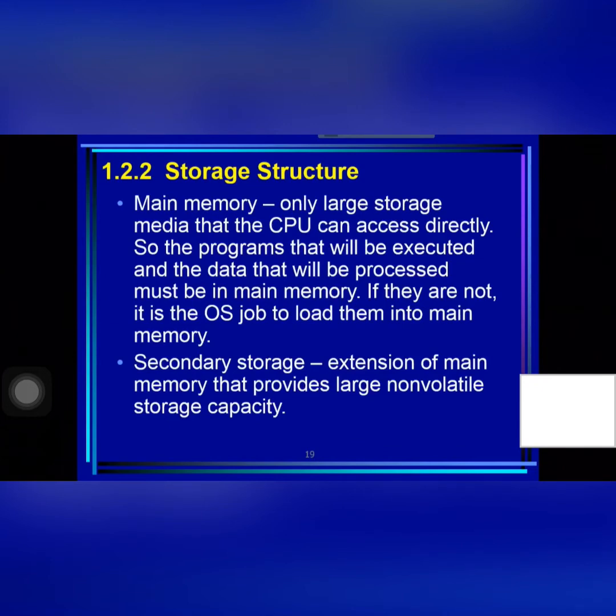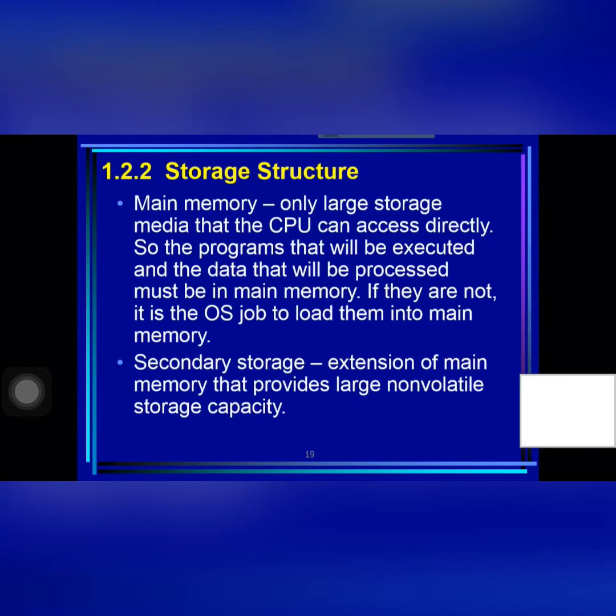Two, main memory is a volatile storage device that loses its contents when power is turned off or otherwise lost. Thus, most computer systems provide secondary storage as an extension of main memory. The main requirement for secondary storage is that it be able to hold large quantities of data permanently.